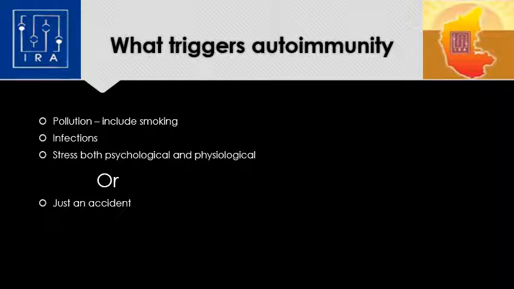The trigger may not be relevant when we start treating the patient, with an exception, because the treatment depends on the type of autoimmunity, what process is damaging, and what organs it is likely to affect, and based on that the treatment strategies depend. But anyway, for theoretical reasons, one needs to remember that pollution, infection, stress, both psychological and physiological, may trigger autoimmunity, but most often it could be just an accident.